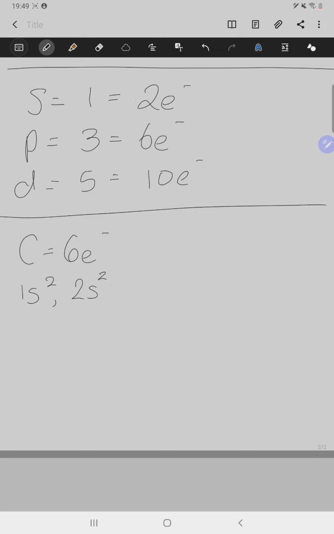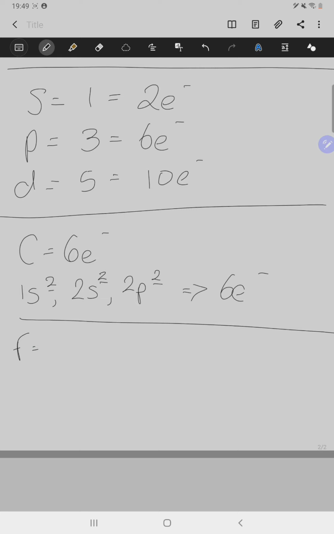So the 2s sublevel, which can hold 2 electrons, is also fully filled. We then move to the 2p sublevel. So we've used up 4 electrons so far. We have 6 in total, so the remaining 2 will go into the 2p sublevel. And these small numbers up here should add up to give you the 6 electrons that you started with.